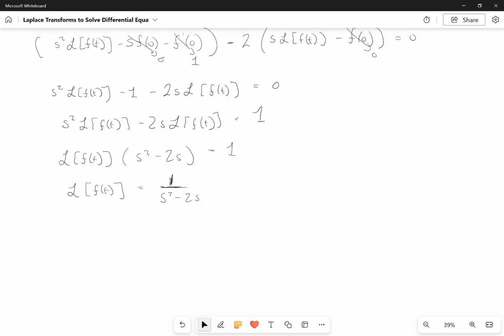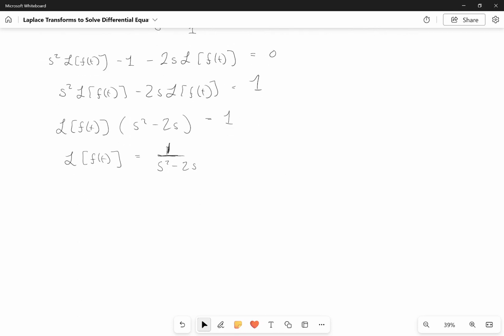That is my equation. So if I could take the inverse Laplace of both sides, I could get the solution to my differential equation, which is f of t. See, f of t is the solution to the differential equation.